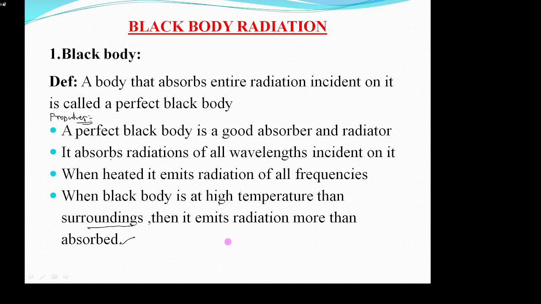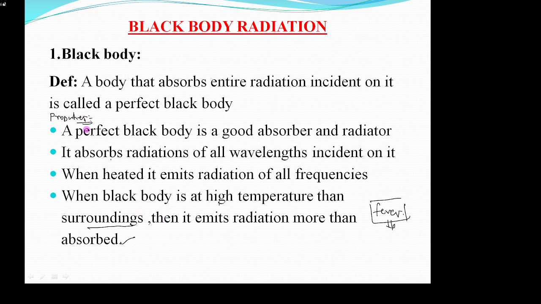For example, when do we call it fever? When the temperature is more than the surroundings, then we call it fever. So when we get fever, our body emits hot radiations more than absorbed. Like that only, a black body also will radiate more than absorbed.